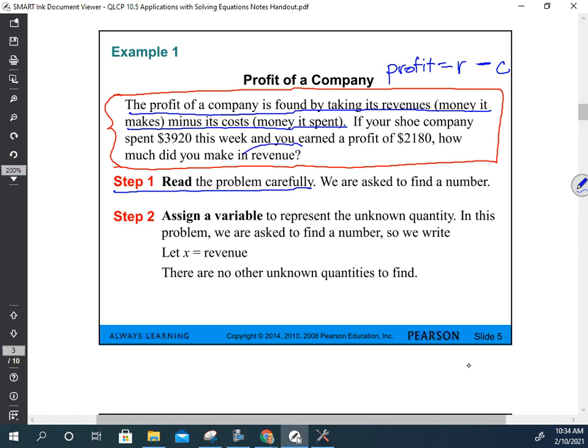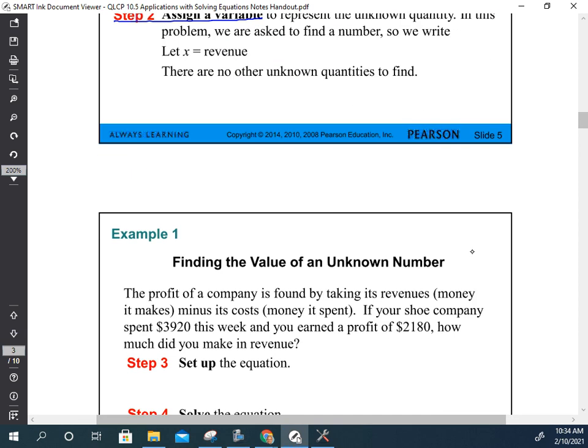We're asked to find revenue. Step 2, assign a variable. Pick whatever letter your heart desires. So in this case, we're letting X represent the revenue. You can use whatever letter you want. So your first step, read the problem. Second step, figure out what's missing so that you can assign a variable to it.